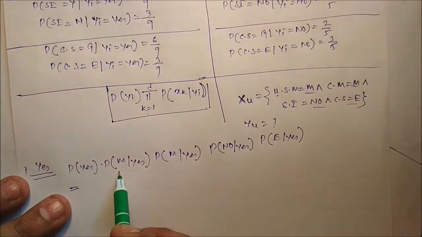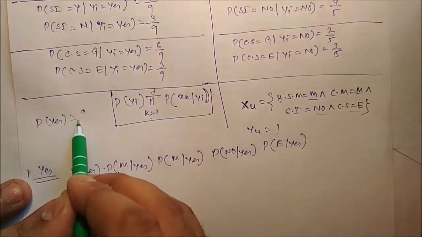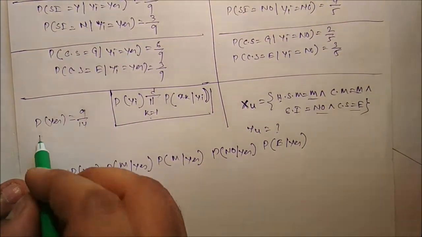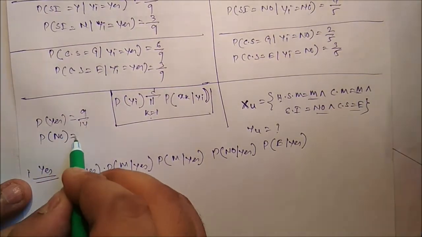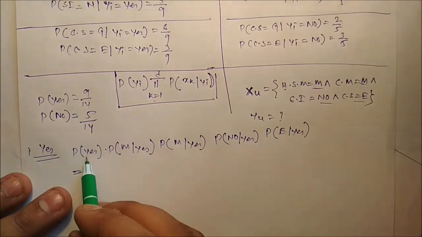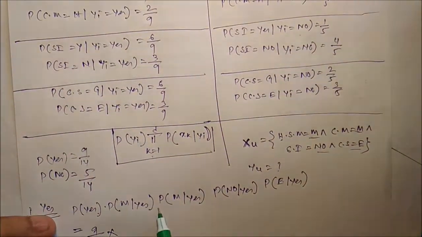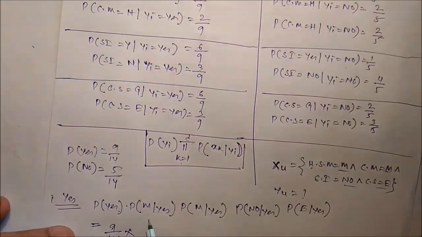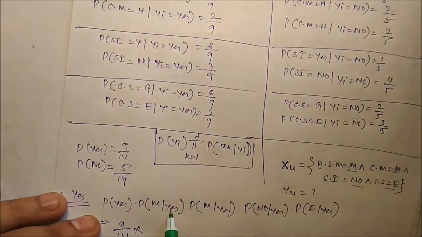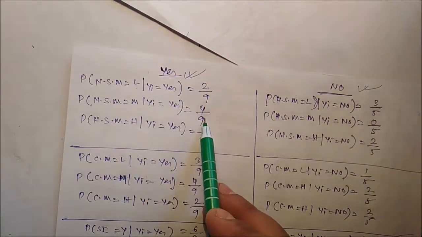So what is the probability of yes? We have seen that probability of yes is 9 by 14, and probability of no is 5 by 14. Now probability of yes is 9 by 14 into probability of high school marks medium given yes. You can see here, if it is medium and yes, it is 4 by 9.